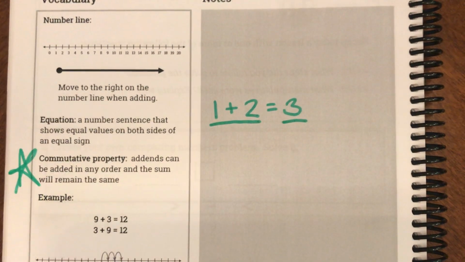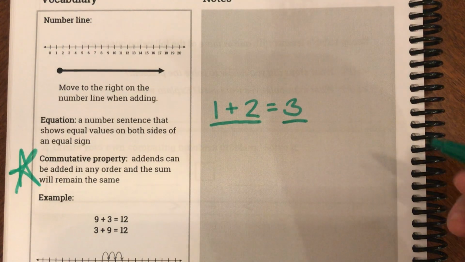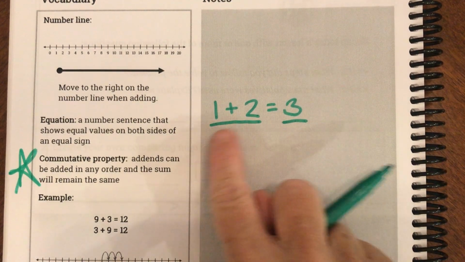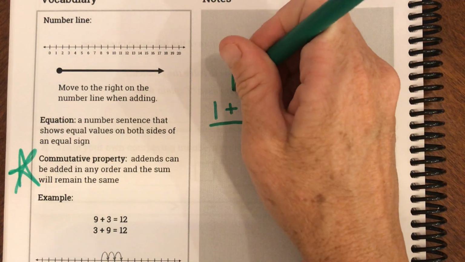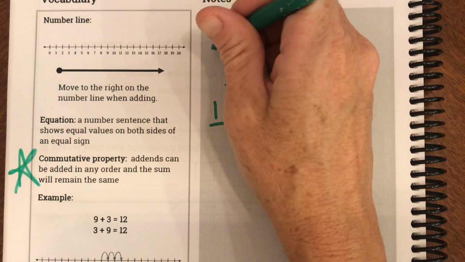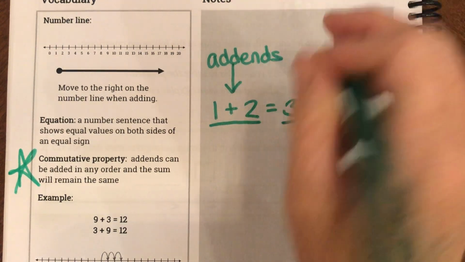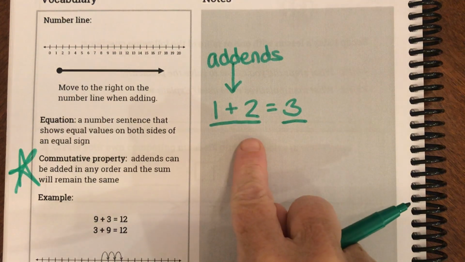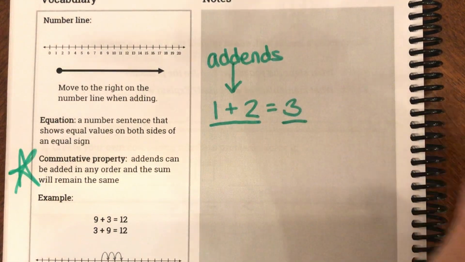Let's write some more words down because they gave us some new words that I'm not sure if we know. So the numbers that we add together, friends, these are called our addends. Those are called the addends. The numbers that you're adding together are called the addends.